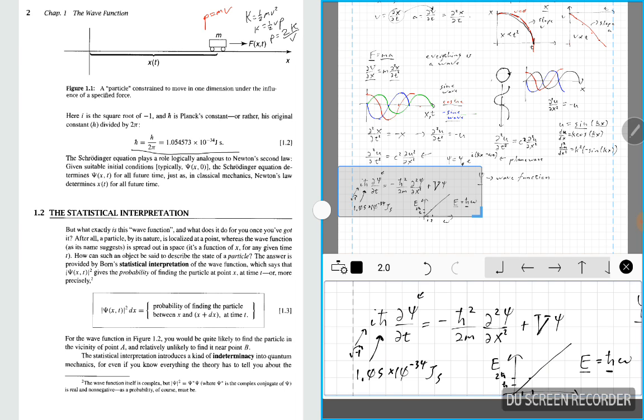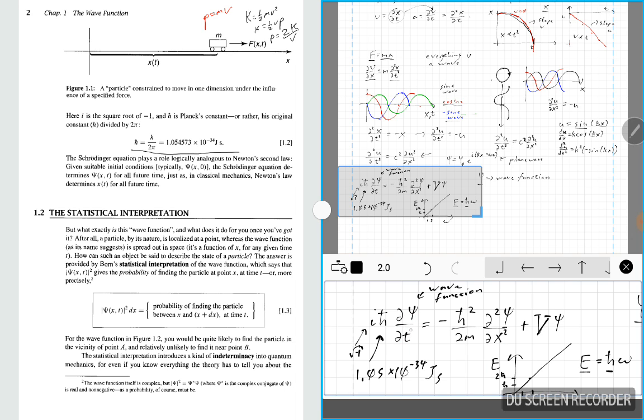Now we have our wave function. So that has to be some function that satisfies a wave equation. The wave function is going to be different for different types of systems. We are going to use this equation to solve for the wave function. And then the time derivative of that wave function.